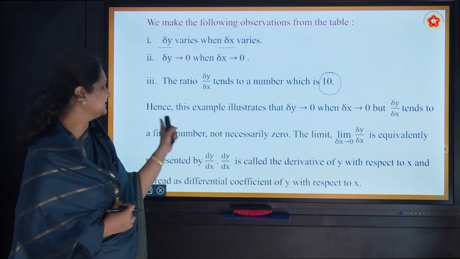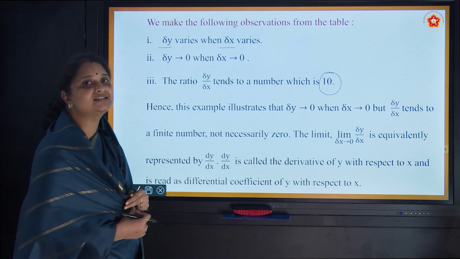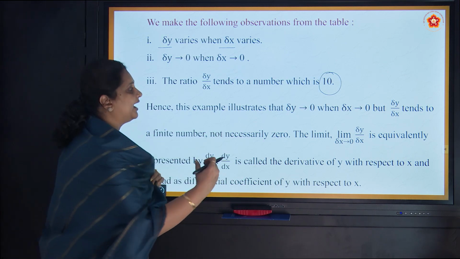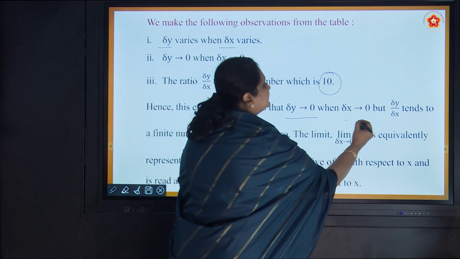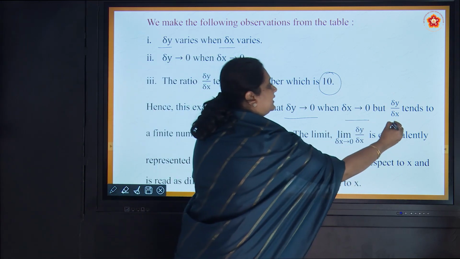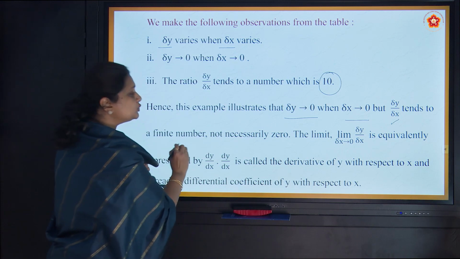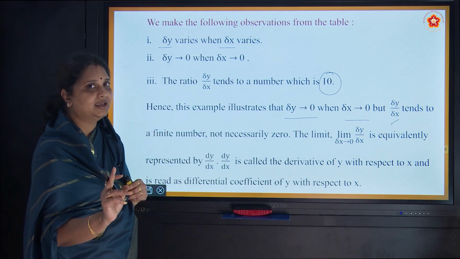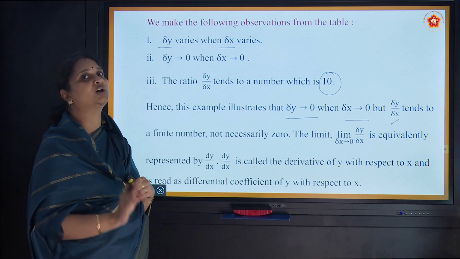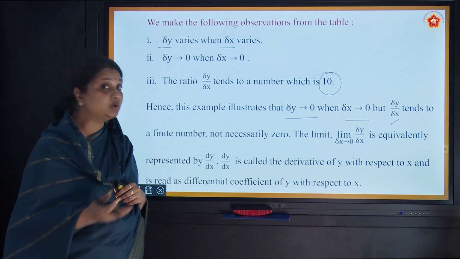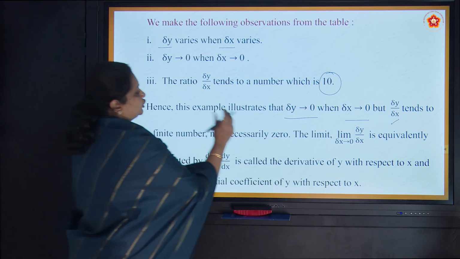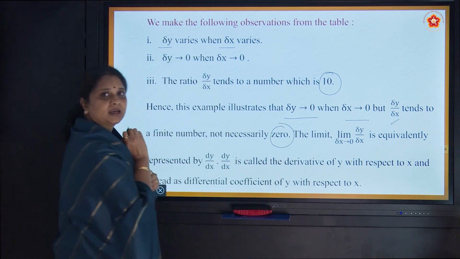So this example led us to the fact that del y tends to 0 when del x tends to 0, but the ratio was tending to a finite number. It necessarily need not be 0. It leads you to a number that's finite. It could be 0 sometimes, but not always, right?